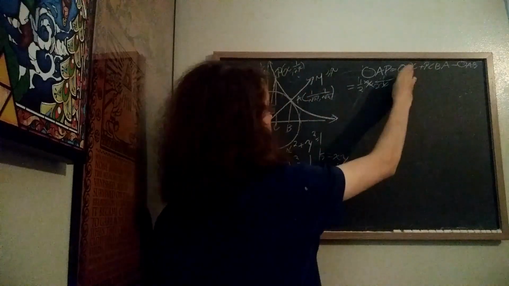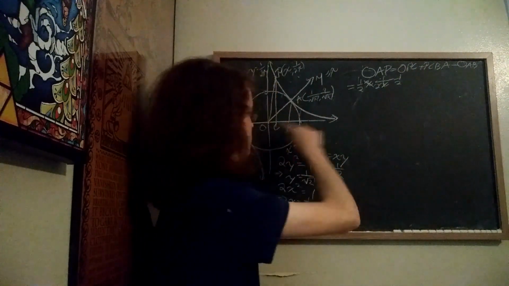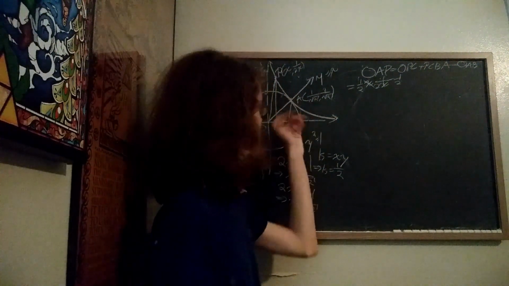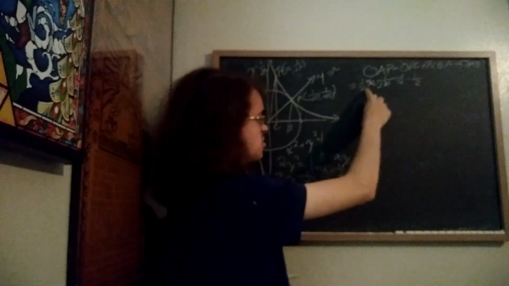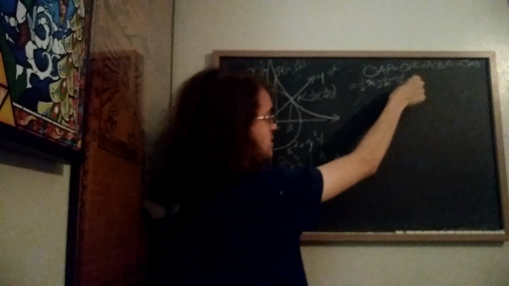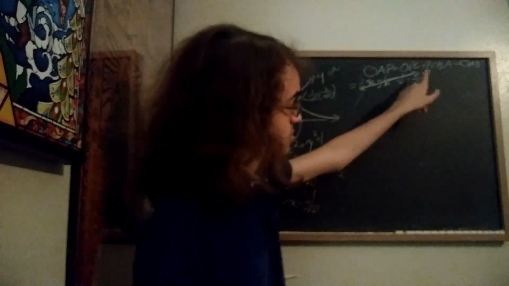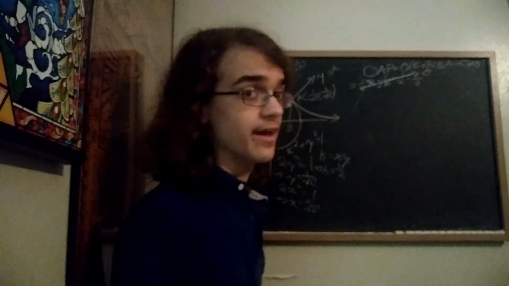Minus OAB, which would be 1/2 times the base of this triangle, which would be 1/√2, times the height of that triangle, which is also 1/√2. 1/√2 times 1/√2 makes 1/2, and we can see that these two make 1/4. One's a minus, one's a positive, so they're both going to cancel out to 0, and all we have to be concerned with is the area of PCBA.